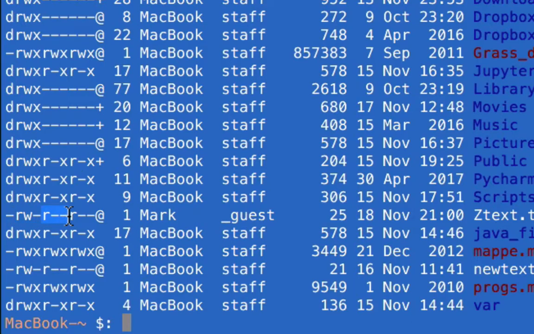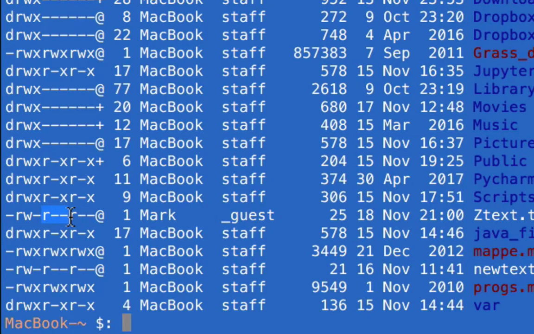Then the other 3 refer to what? Do you remember? They refer to the group _guest, and they're telling us that this group _guest can read the file, but they cannot write the file. They cannot execute the file.